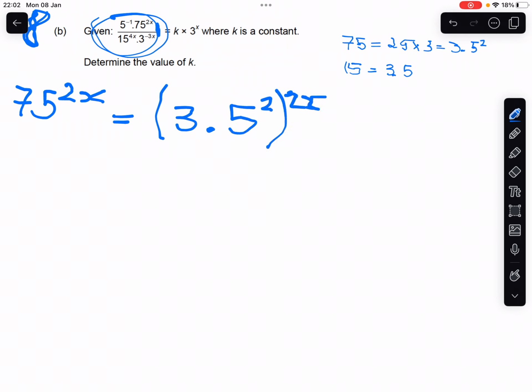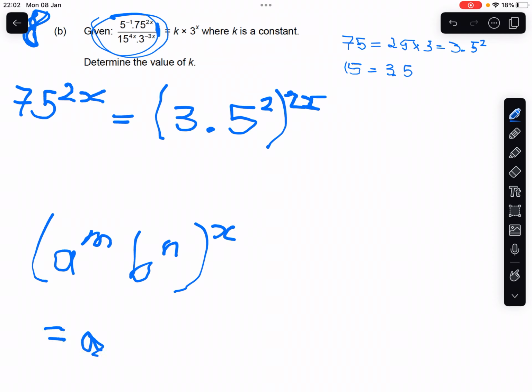And we know from our laws of exponents that a to the power of m, times b to the power of n, raised to the power of x, is equal to a to the power of m times x, times b to the power of n times x. So we can use that rule.